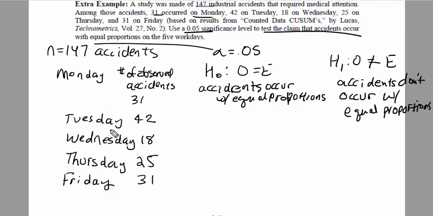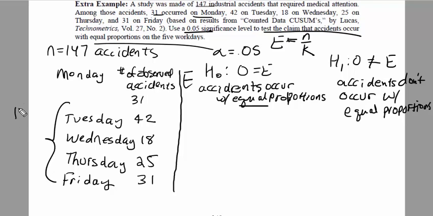All right, so now I need to find the expected number of accidents each day. And because I'm talking about equal proportions, then E is still equal to N over K. And there are K is equal to 5 categories because there are 5 days of the week that, oh, I didn't include Monday, that are located here.